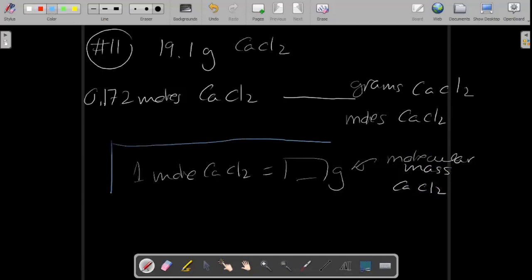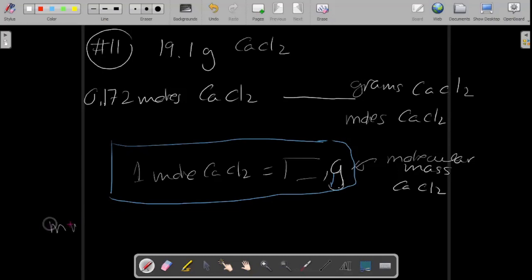Grams, this is what I need to find. So I need to find the molecular mass. If I can find the molecular mass and change my units from AMUs to grams, I'll have my conversion factor, and then I can do this math right here.